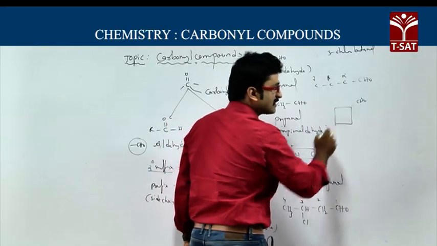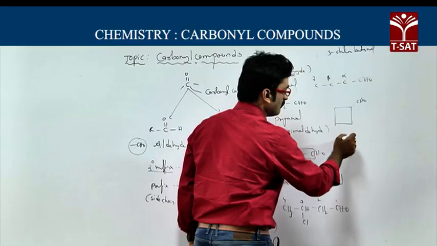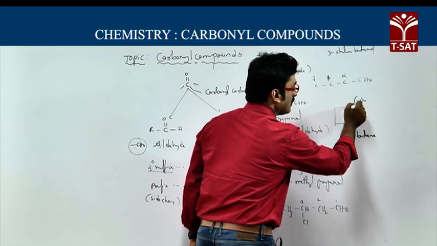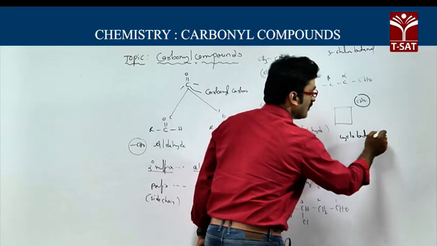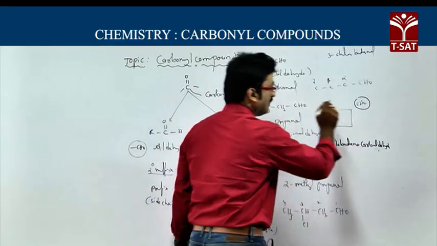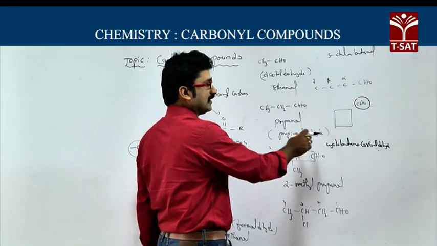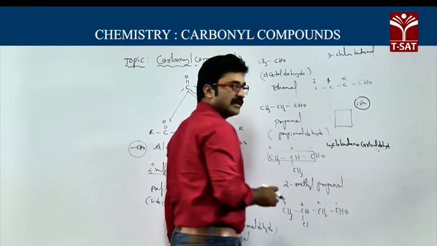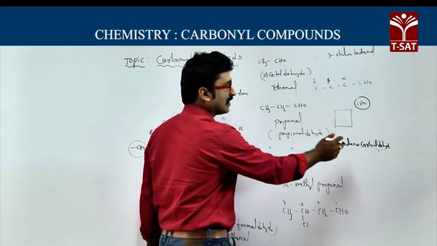So therefore its IUPAC name is cyclobutane carbaldehyde, and you know the name of the CHO group is carbaldehyde. In case of cyclic compounds like this, if the CHO carbon is not included in the ring, then you should say carbaldehyde.